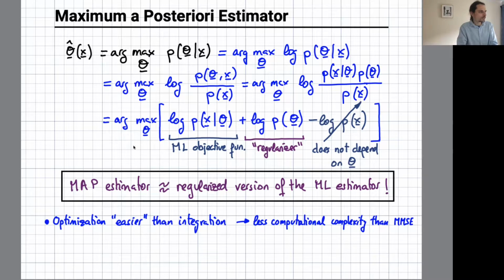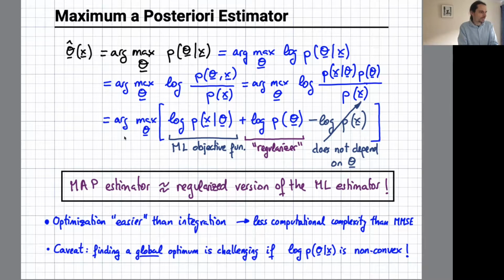In contrast, maximum a posteriori estimators are found as solutions to optimization problems, and optimizing is from a numerical perspective much easier than integrating, right? So therefore this constitutes an important strength of maximum a posteriori estimators relative to MMSE estimators, okay?